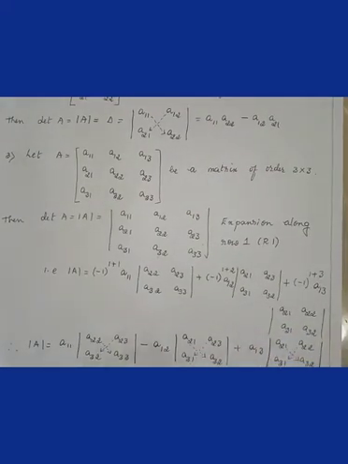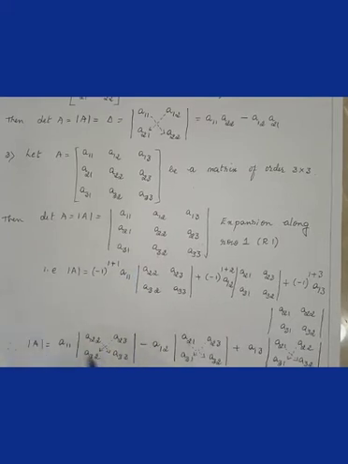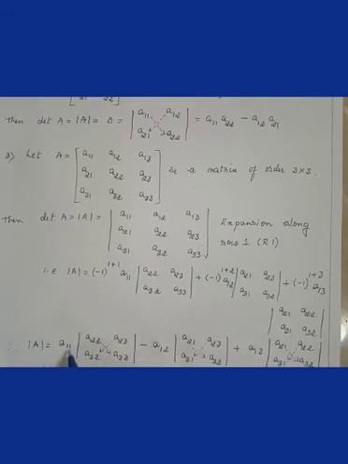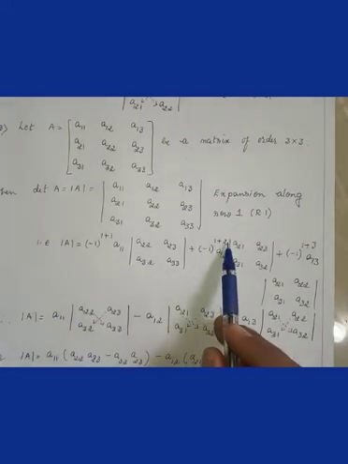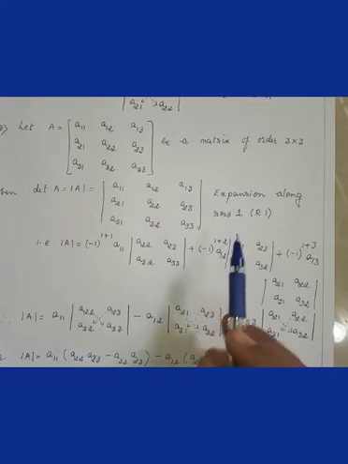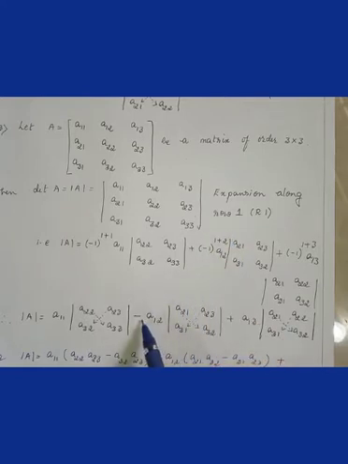Every time you need not write minus 1 to the power 1 plus 1, minus 1 to the power 1 plus 2 and minus 1 to the power 1 plus 3. You know that minus 1 to the power 1 plus 1 is minus 1 to the power 2, and minus 1 to the power of any even number is plus itself. Therefore, directly this is plus the first entry. Minus 1 to the power 1 plus 2 is an odd power, and minus 1 to the power of any odd number is again minus.